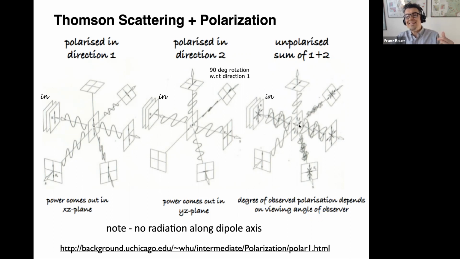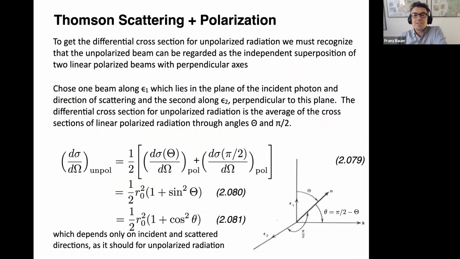But the cross-section as a function of solid angle will not be randomized. So it will proportionally scatter some radiation only in some directions. That's all. Okay. Yeah, dealing with polarization is not trivial, unfortunately.